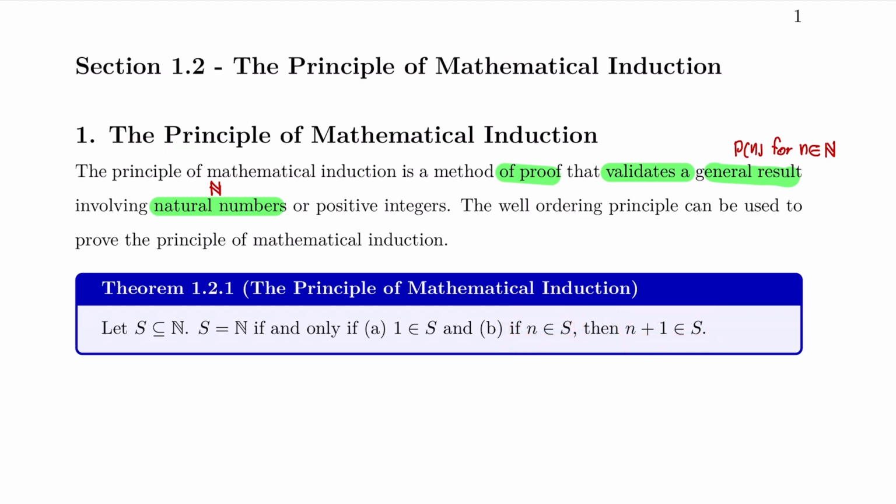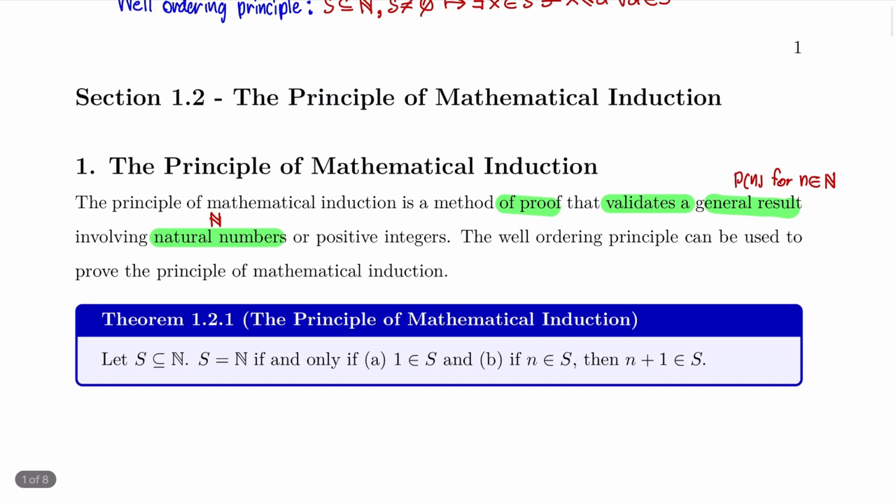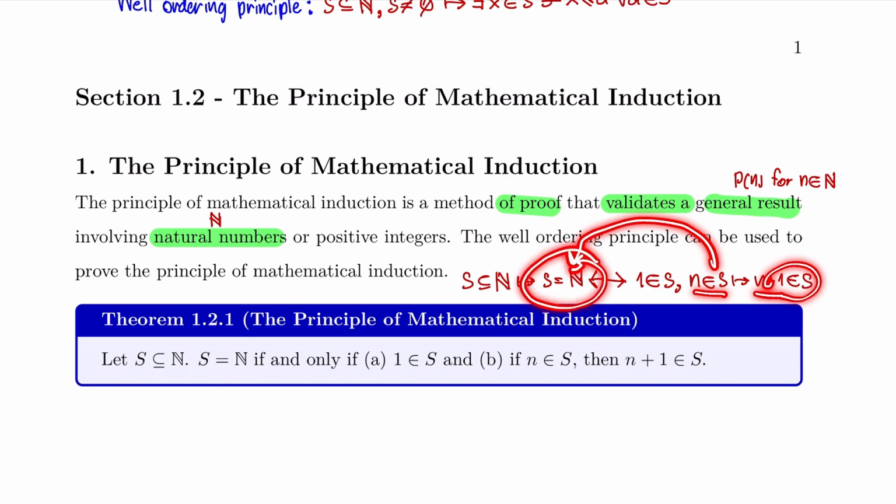Namely, if we have a subset of natural numbers, S is the set of natural numbers if and only if 1 is in set S, and if n is in S, then n plus 1 is in set S. Or vice versa, if 1 is in set S and if n is in set S then n plus 1 is in set S, it can be concluded that S is the set of natural numbers.